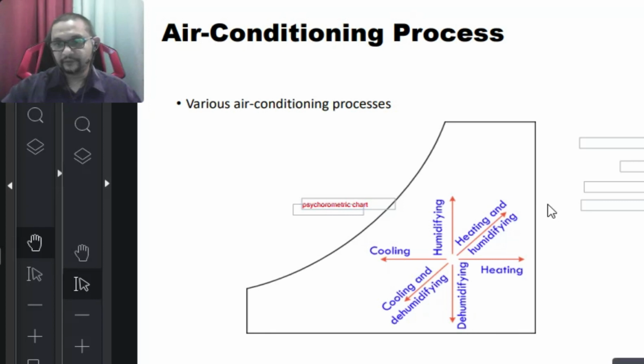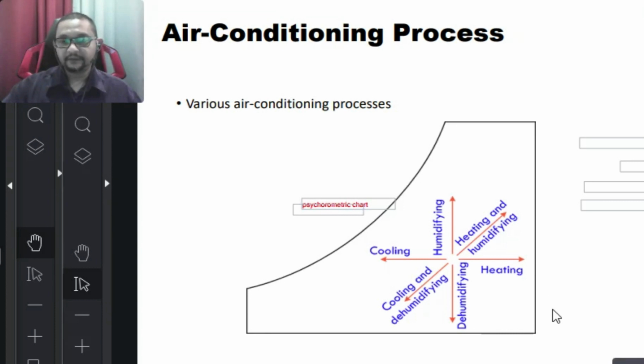As you know, this is the scale of RH, or relative humidity. So what happens to the humidity? The phi, or relative humidity, will increase, but for dehumidifying, the relative humidity will decrease.